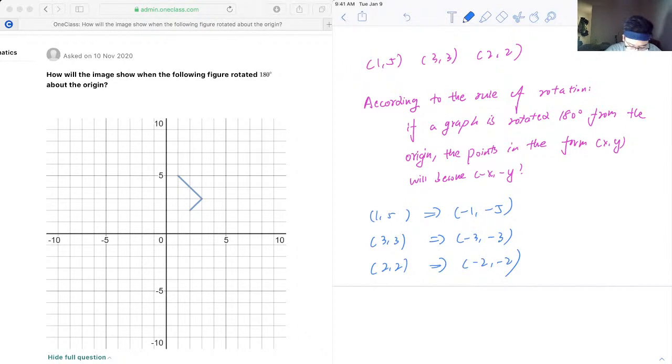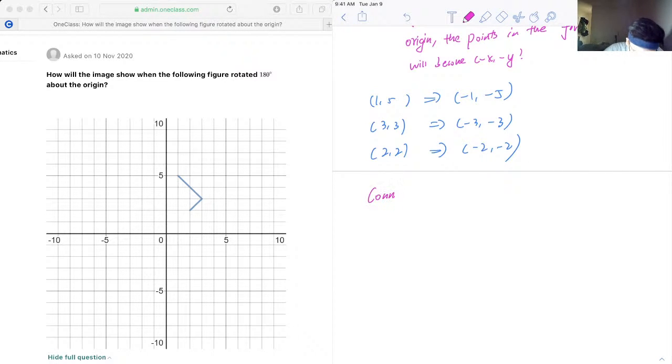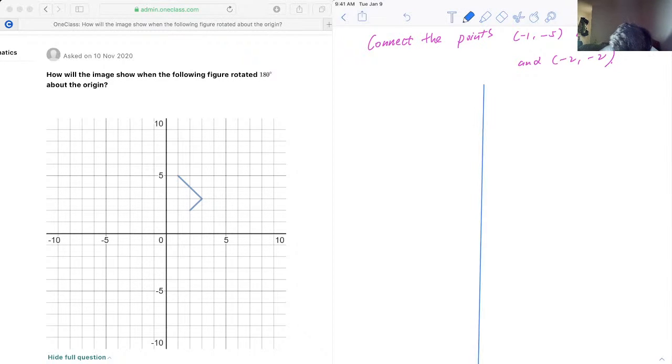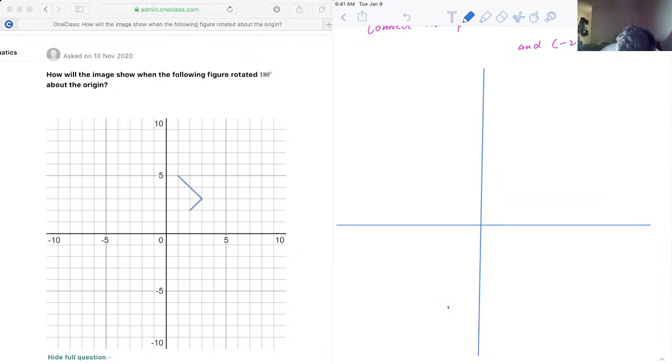Okay, and next we just need to connect the points negative 1, negative 5, and negative 3, negative 3, and negative 2, negative 2. Okay, so let's do it right here. So negative 1 and negative 5 around here.